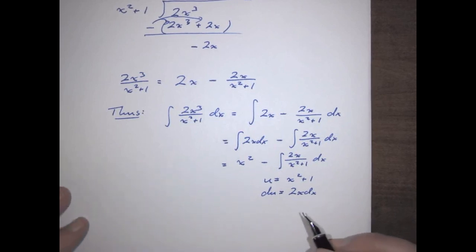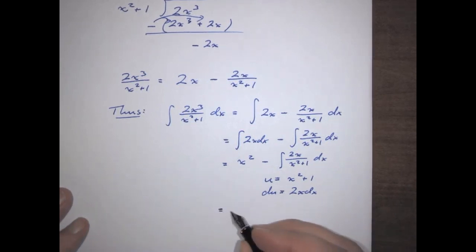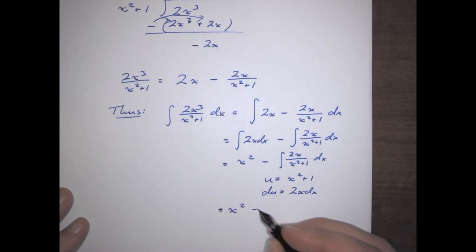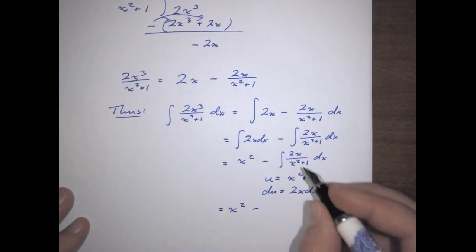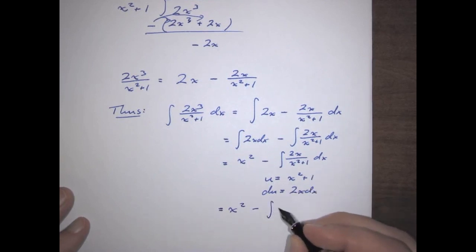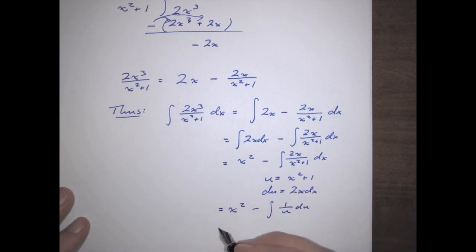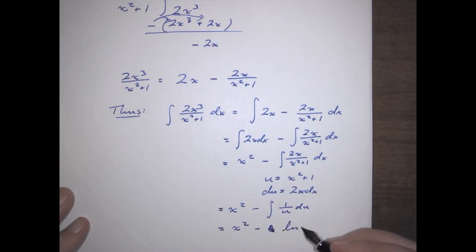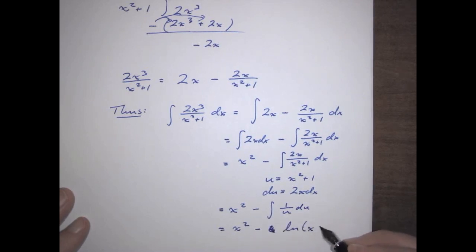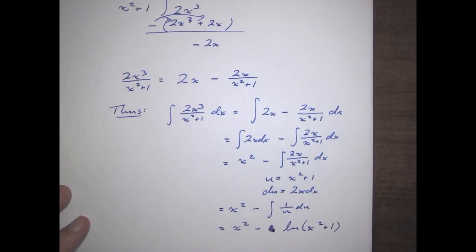Okay, so then what we're going to end up with over here is equal to x squared minus, and now what we've got here is the integral of 1 over u du, which is in other words x squared minus, I should say minus the natural log of x squared plus 1.